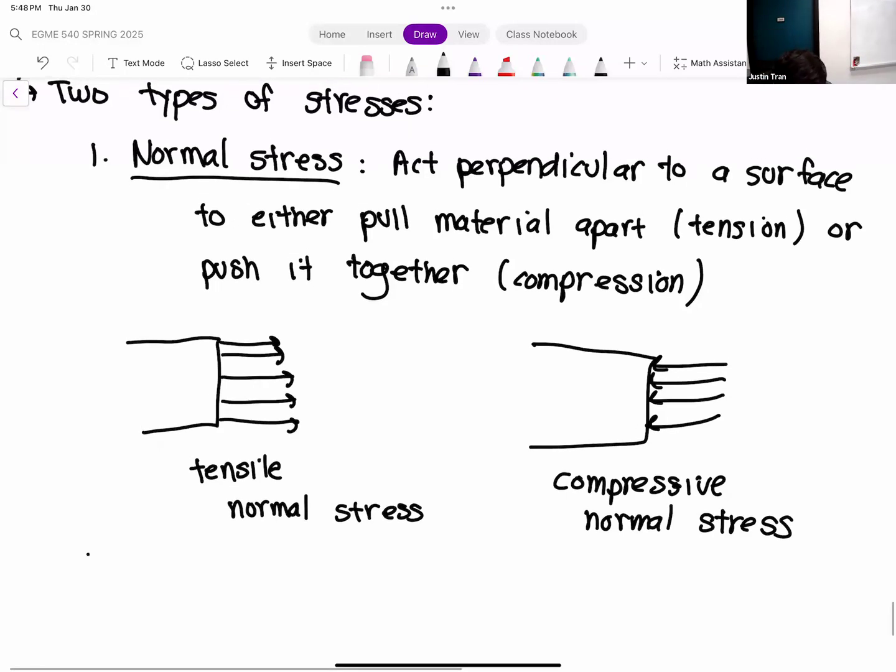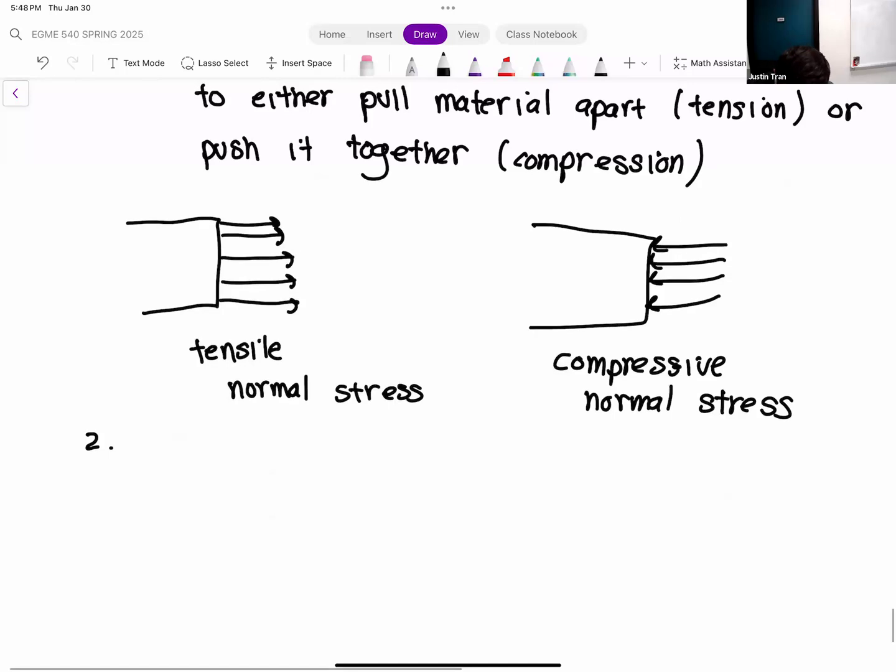Okay. And so the other type of stress that we usually worry about are what are called shearing stresses or shear stresses. And so shearing stresses, in opposite to normal stresses, act parallel to whatever surface that you're considering.